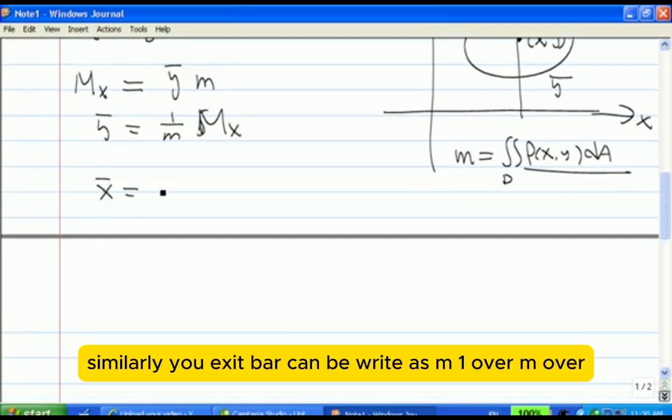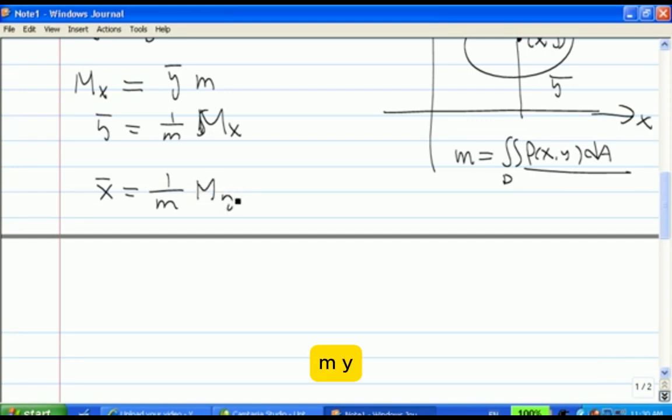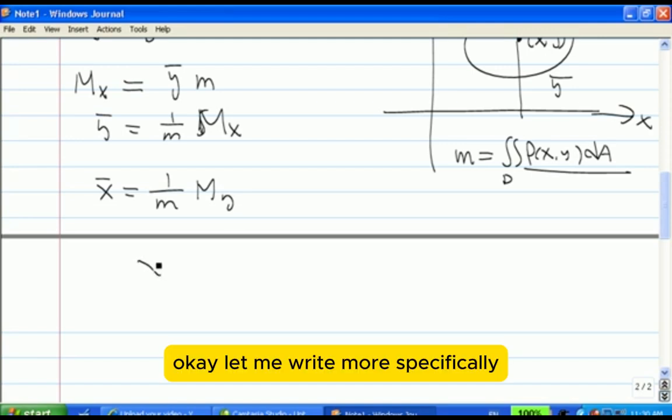Similarly, your x bar can be written as 1 over m. Okay, let me write more specifically.